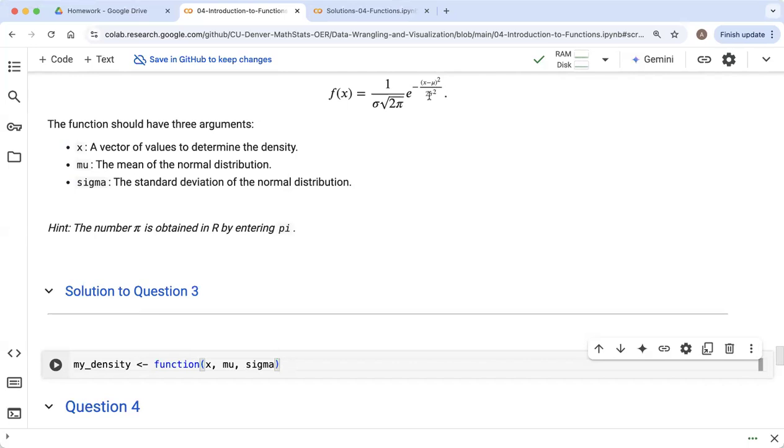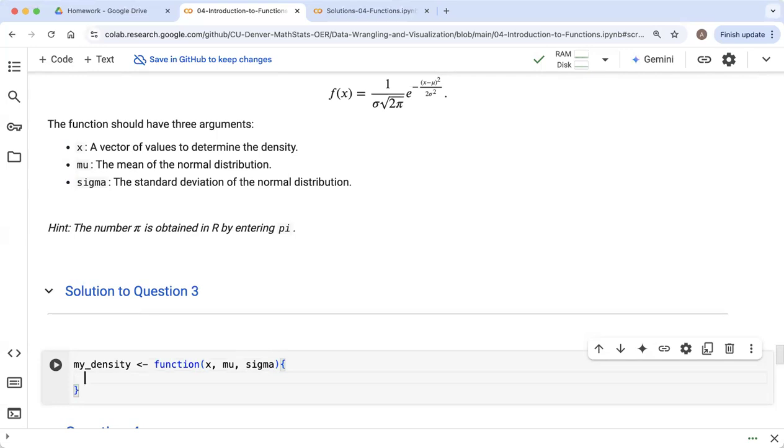And once someone tells us the values of x, mu, and sigma, then we would be able to evaluate the right side of this equation and get an output. So those are the three inputs. Then we enter our curly braces. Inside of these curly braces, we're going to input all of the code that is going to be executed to evaluate that formula. And this formula is busy.